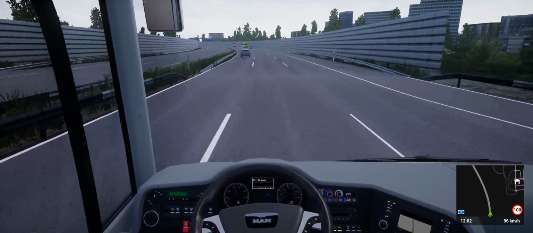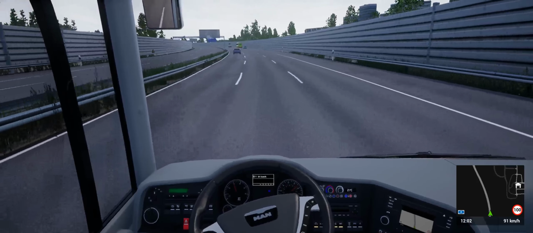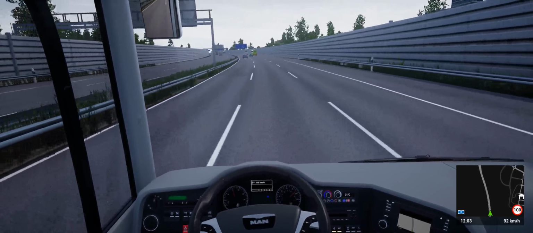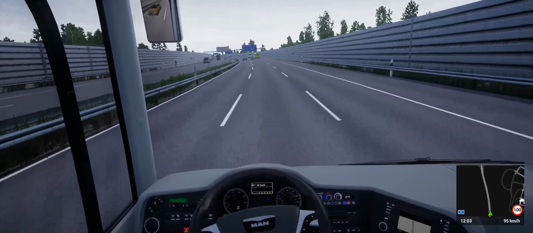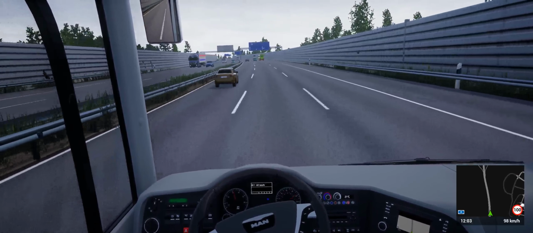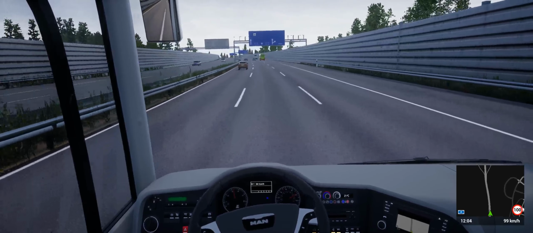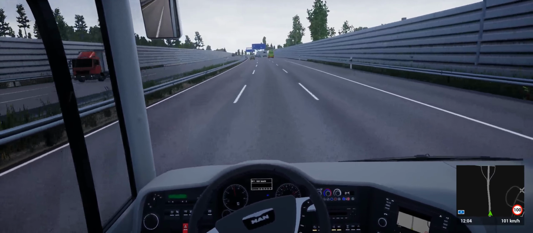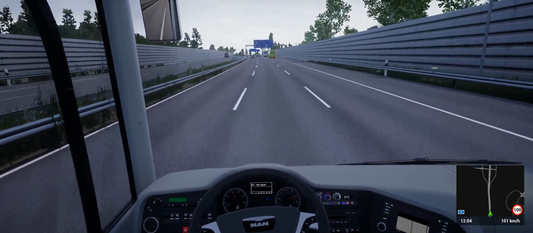And as far as I know, it still uses 32-bit floating point numbers. I'm not sure if this game, Fernbus Simulator, uses 64-bit numbers, because they had access to the Unreal source code, so maybe they could compile it to work with 64-bit. I'm not sure about that.